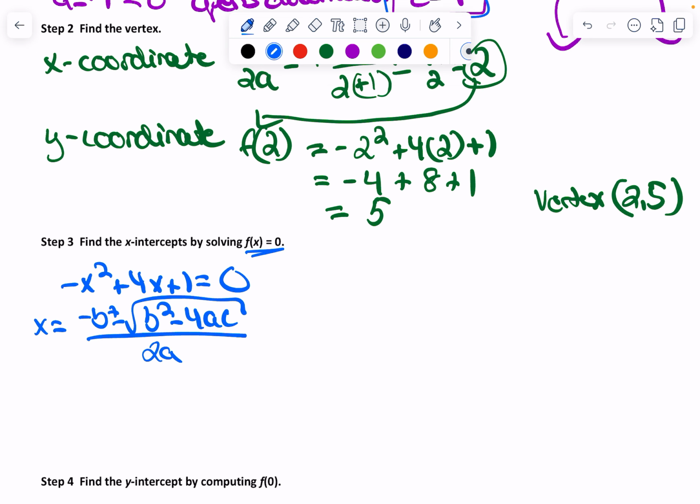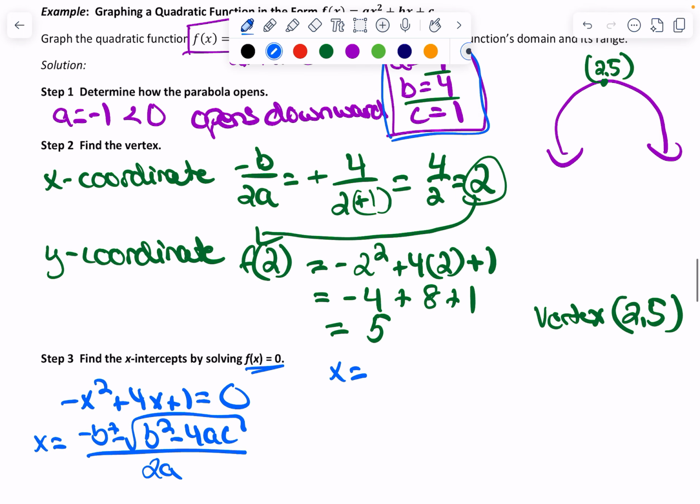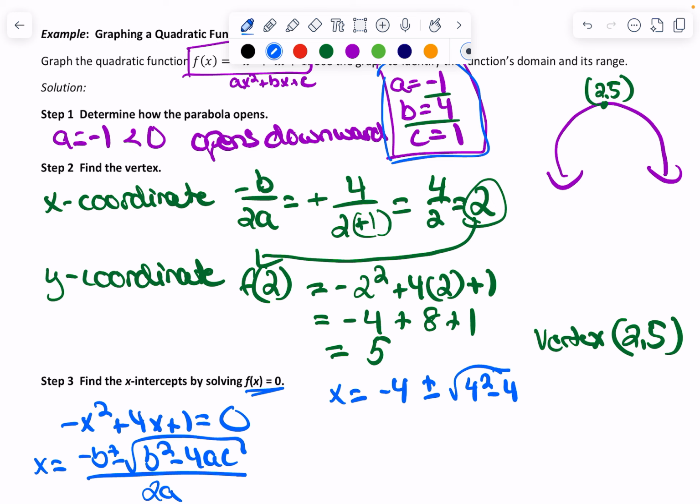So we get x equals, hold on a second, -4 plus or minus the square root of 4 squared minus 4 times a, which is -1, times c, which is 1, divided by 2 times -1.